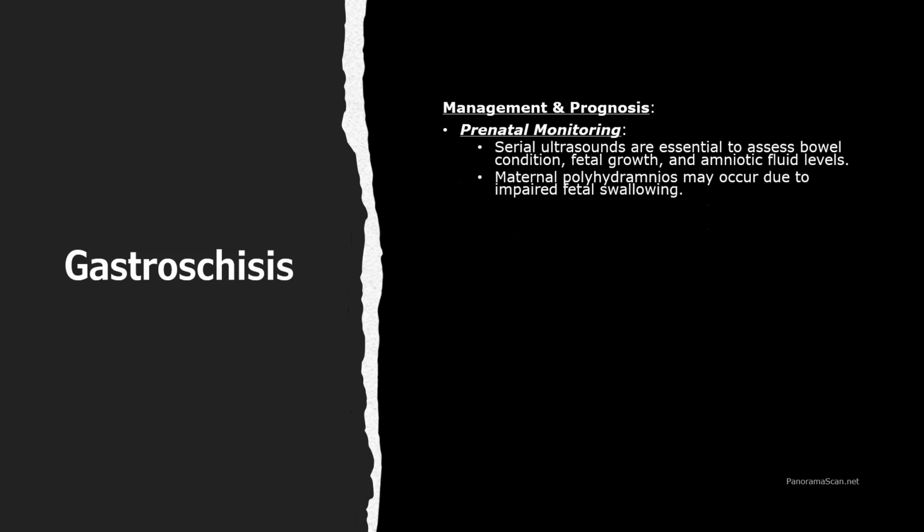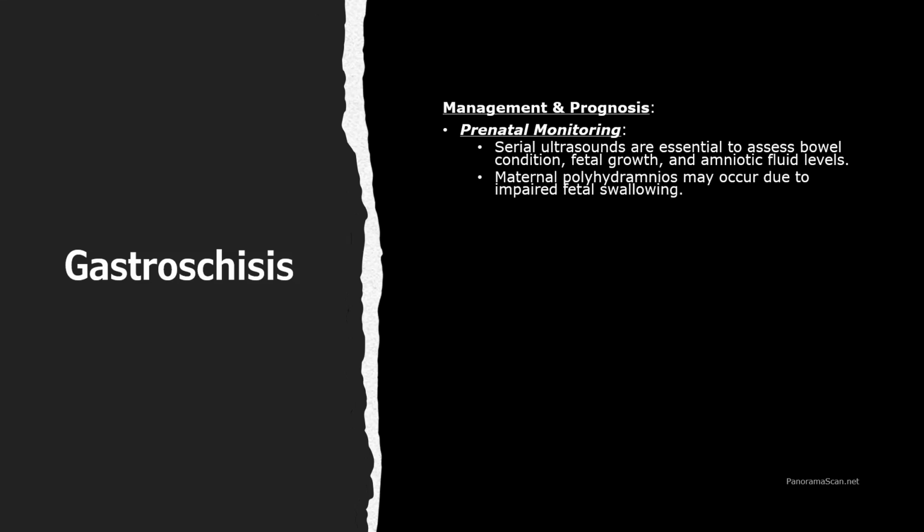The management and prognosis of gastroschisis. In the prenatal period, prenatal monitoring with serial ultrasounds is essential to monitor the condition of the bowel, monitor fetal growth, and follow up on amniotic fluid levels.